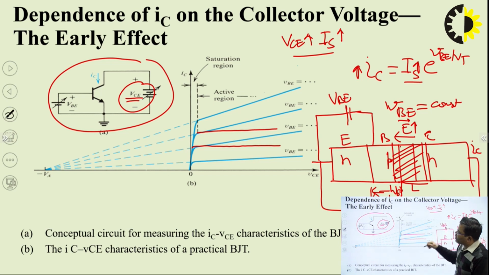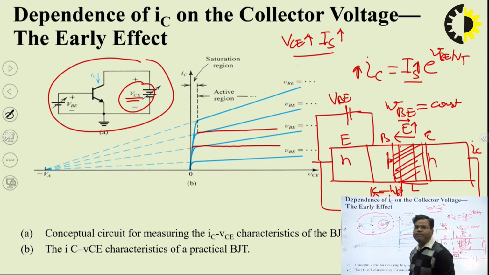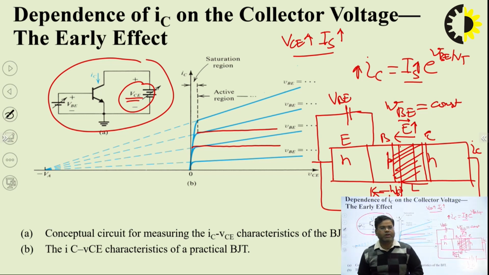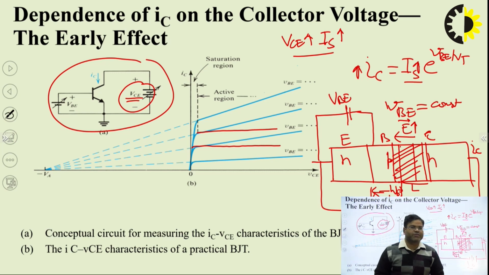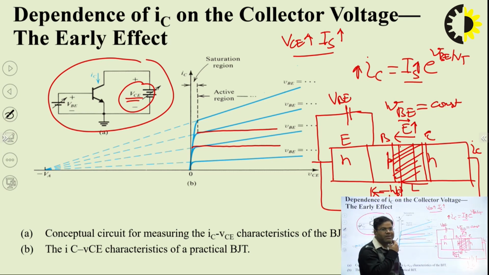This effect is known as early effect or base width narrowing or base width modulation. This is the effect of increment of VCE and this effect is dominant in common emitter configuration. This is common emitter configuration, means the emitter is common between collector and base. This is the CE configuration.